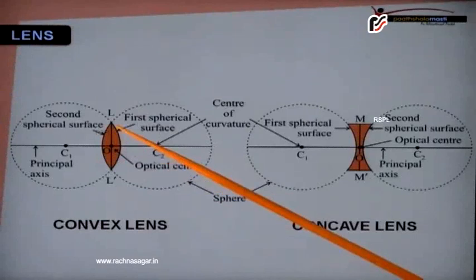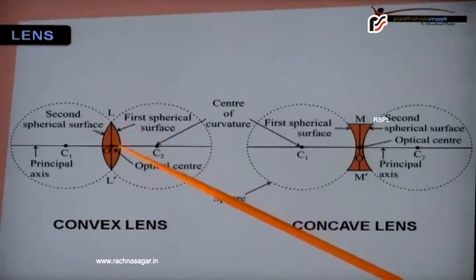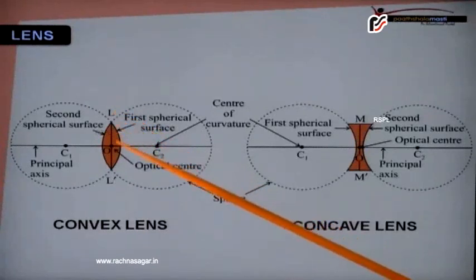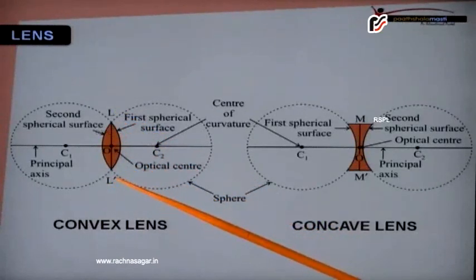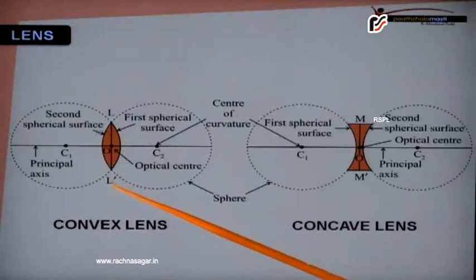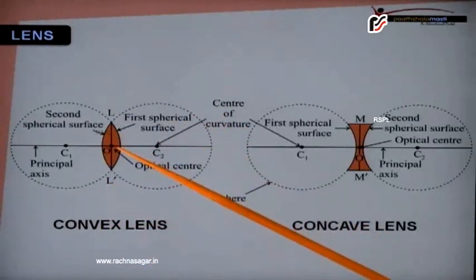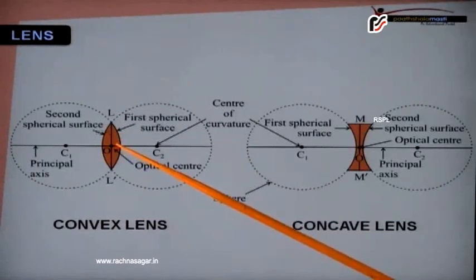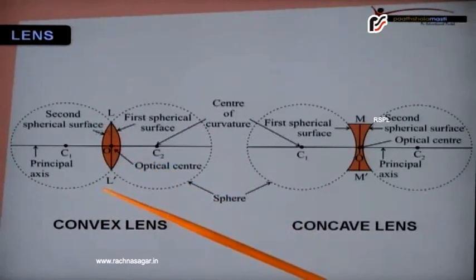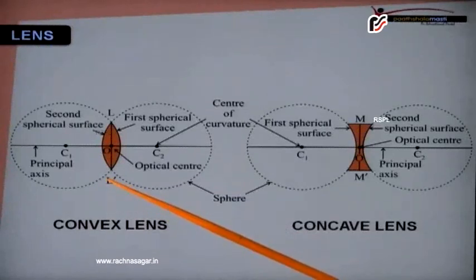Aperture. The part of the lens which is responsible for the refraction, that is L dash, is known as aperture of convex lens. Optical center. The midpoint of the lens is known as optical center. Principal axis.